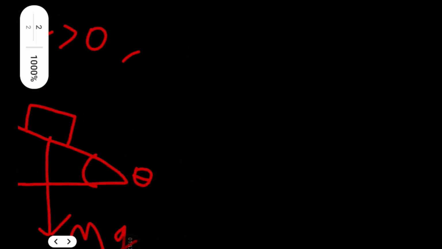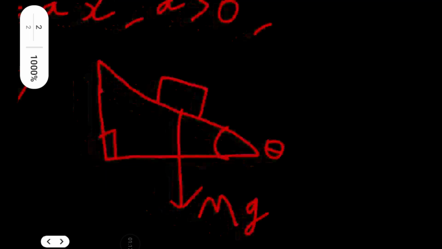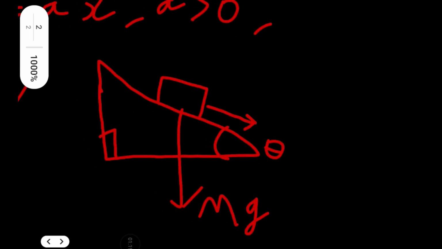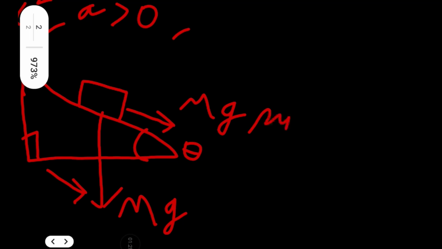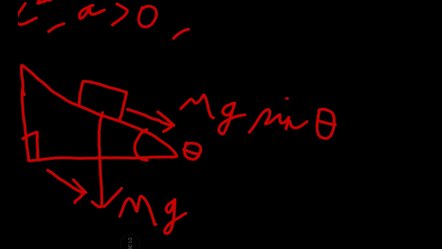There's a component which is mg sine theta, like any sort of incline problem. However, theta is going to be variable, and that's the difference here. It's like solving an incline problem where we assume theta is variable.